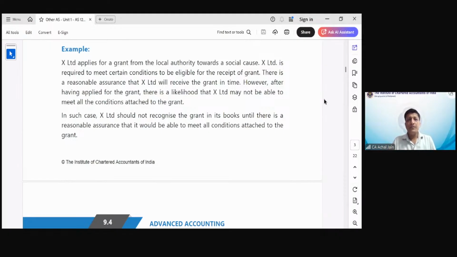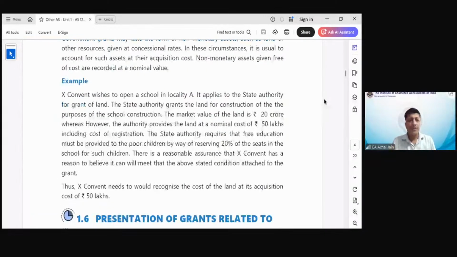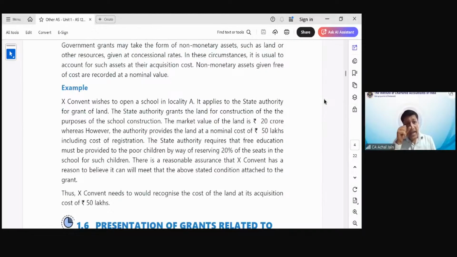Another example. X convent wishes to open a school in locality A. It applies to the state authority for the grant of land.